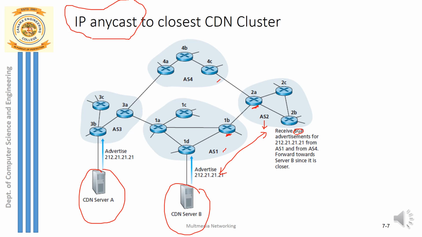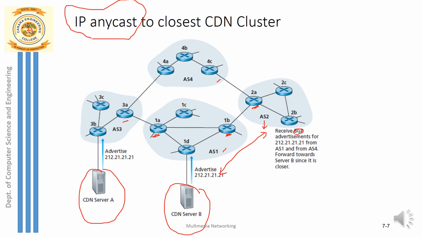At the same time, border router 1A gets information from AS3. 3A is a border router in AS3 which gives the reachability information about CDN server A, attached to 3B, through an intra-AS routing protocol, maybe RIP or OSPF.